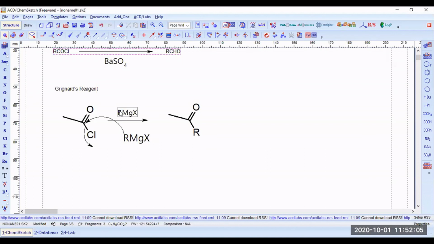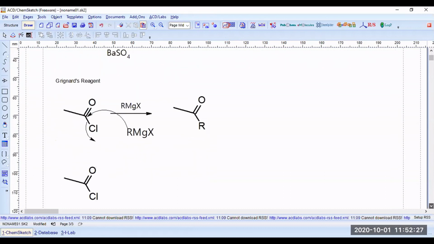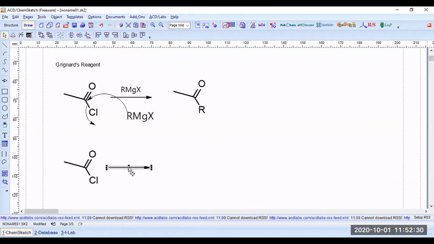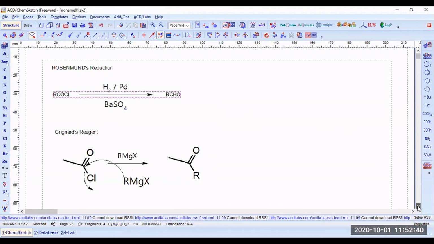If any other organometallic reagents give the same reaction, not only Grignard reagent, even alkyl cadmium or alkyl copper. Alkyl cadmium reagents or alkyl copper. Dialkyl cadmium or dialkyl copper.